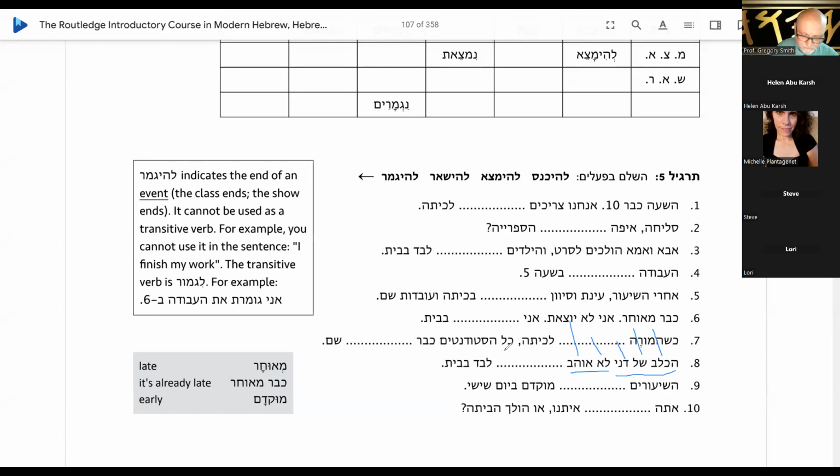Okay, that's right. It's going to be lahishaer because it's to stay, right? So it's not going to be nishar because that means staying. So it doesn't make sense to say the dog belonging to Danny does not like, well, maybe in English it does, but in Hebrew, I think it's going to be to stay. So let's just put the whole verb form in there, lahishaer.